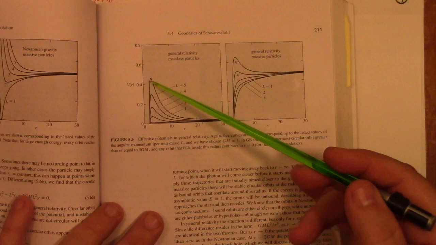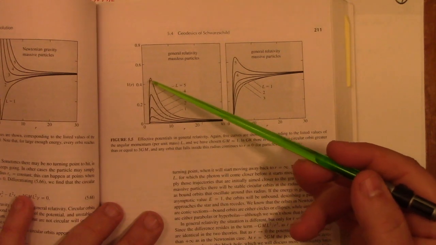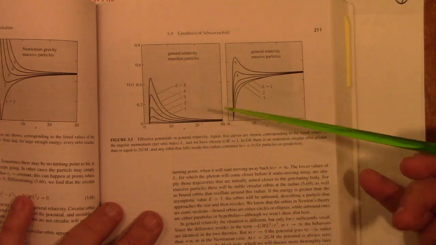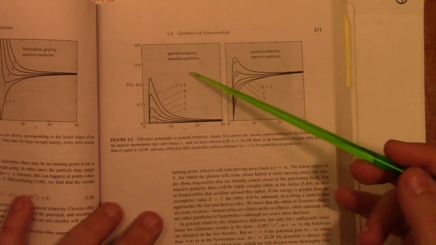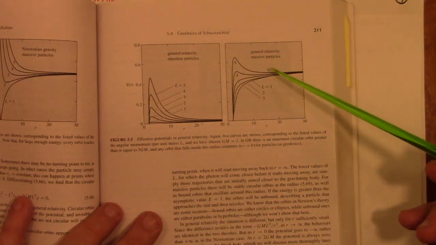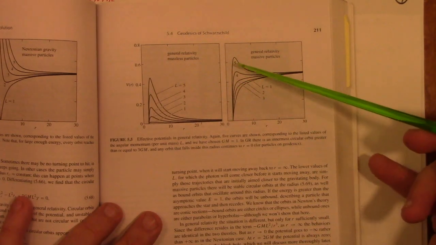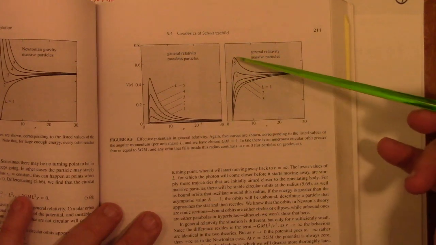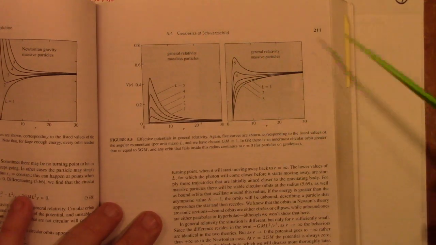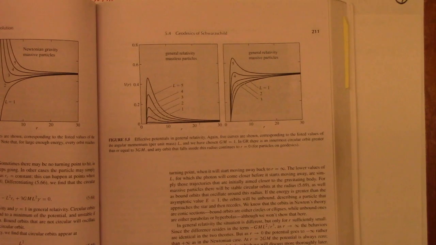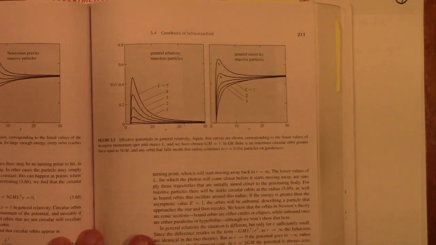So once you get past a certain point, you can't get back. Well, this is massless, but over here are the massive particles. Again, when you're close to 0, it's a very, very deep potential well. So there's that.